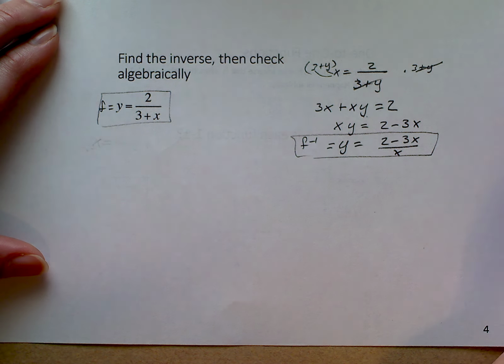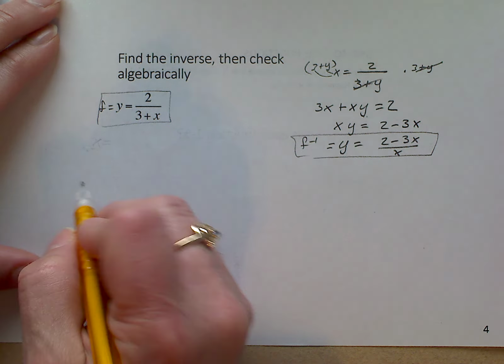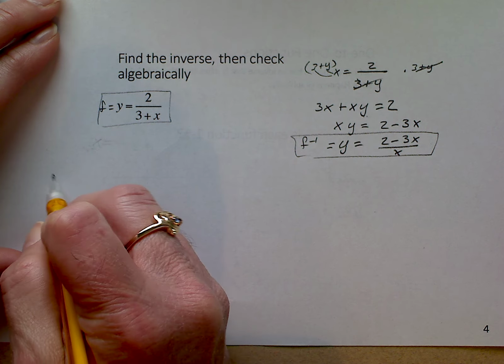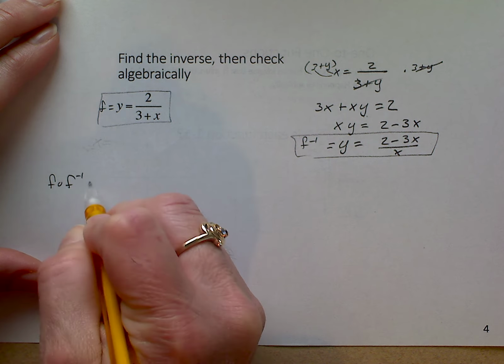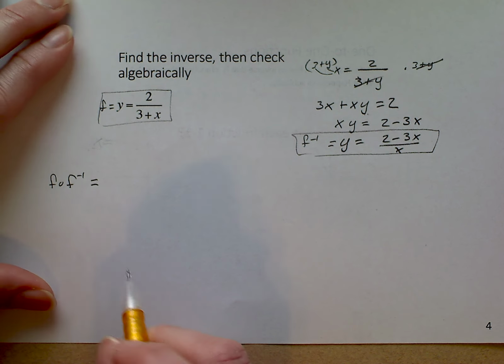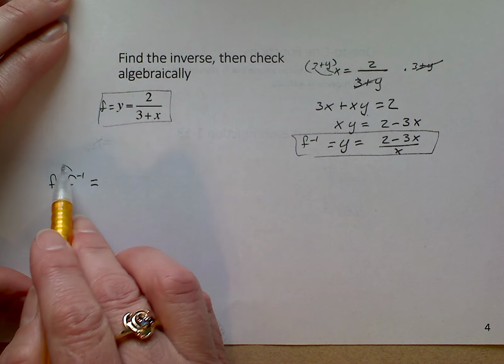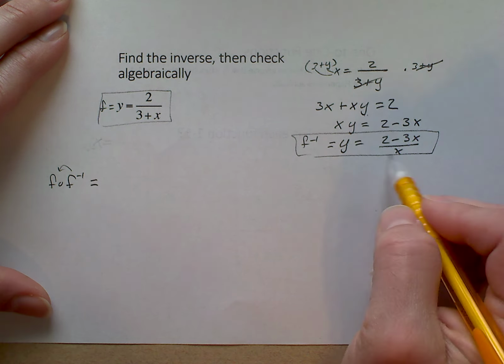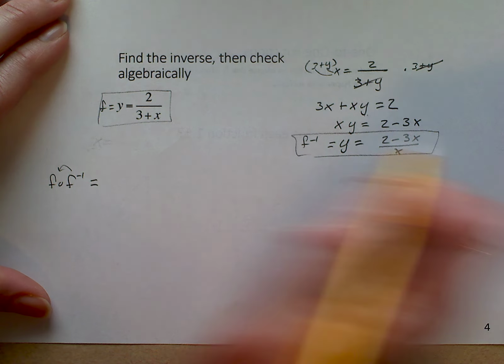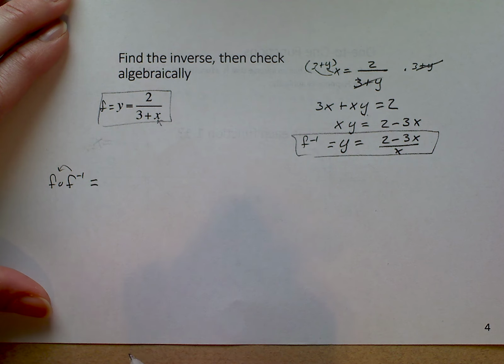If you want to watch the first one and then try it yourself on the second one, you could. But I'm going to show you what that's going to look like. I'm going to do f of f inverse. It's not terrible, but it's going to look terrible for just a moment. This means put inverse into f. This whole thing in here.